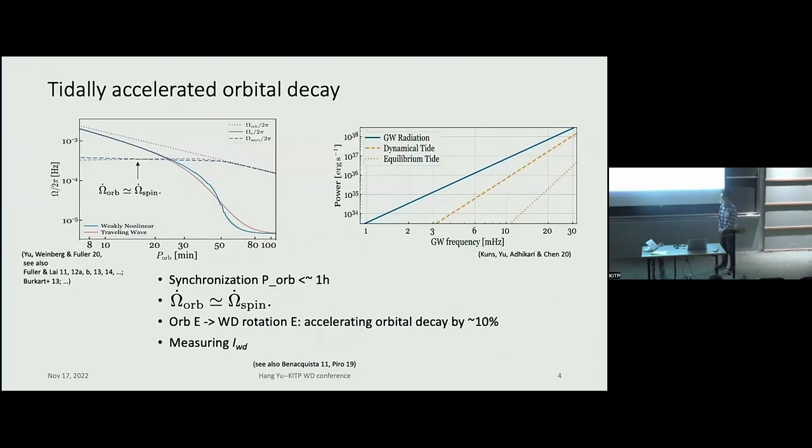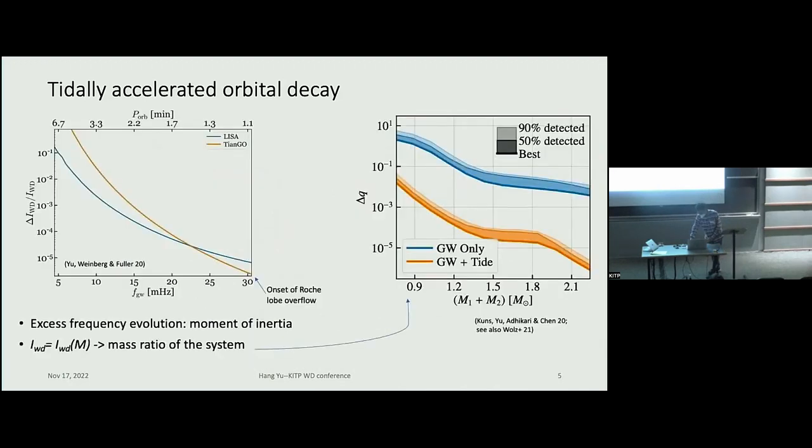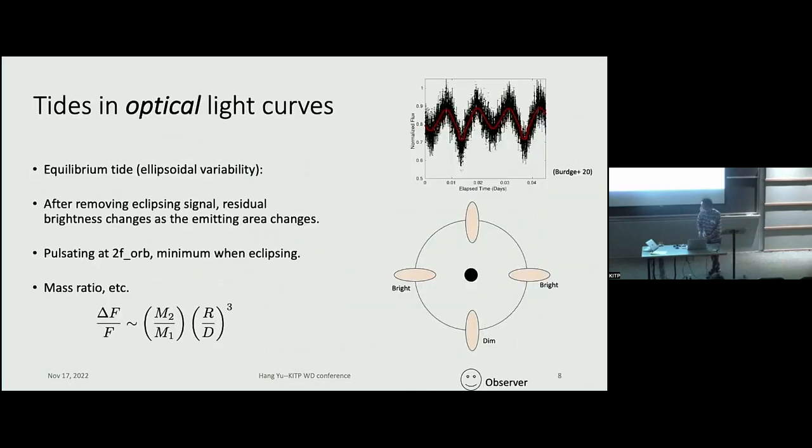So roughly, I would say 3 millihertz. And that will already be visible in the light curve. For the light curve, we can see this effect at larger separations. So at something like 10 or 20 minutes, the ellipsoidal variability is already important.